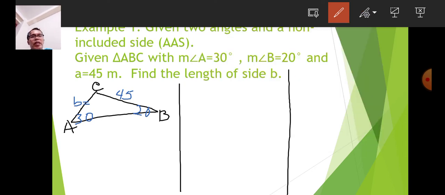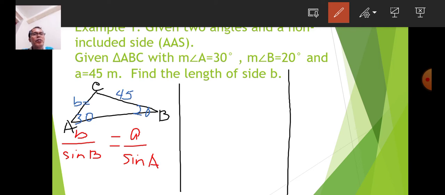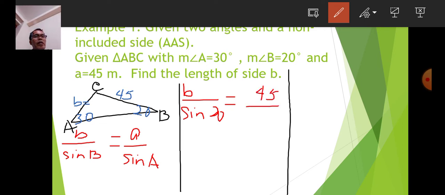So that is B over sine B must be equal to A over sine A. So therefore, B over sine B, which is 20 degrees, is equal to A, which is 45, over sine A, which is 30.